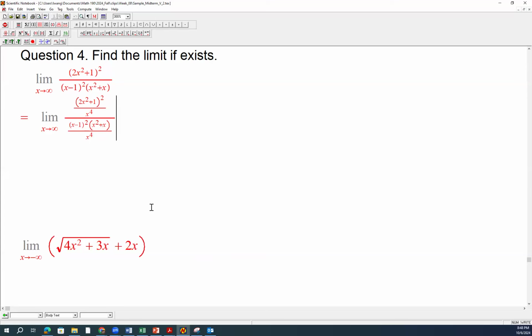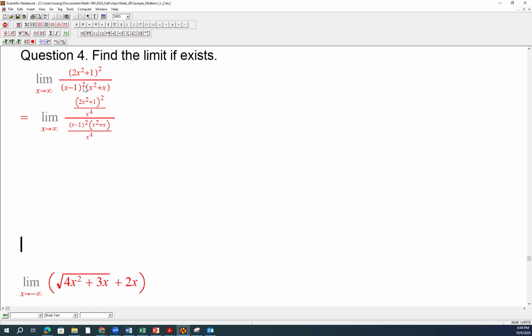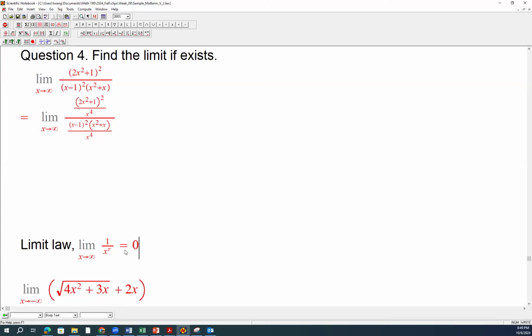limit laws. And also apply the other theorem: the limit as x approaches infinity of 1 over x raised to the power r is 0 when r is positive.